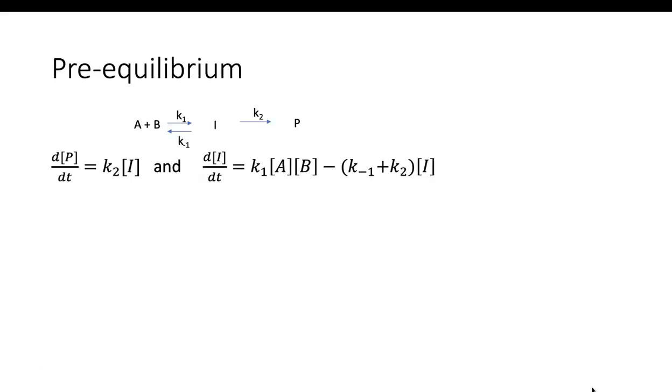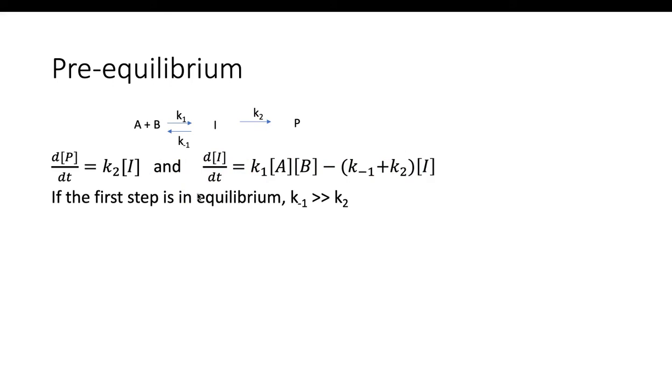Now, if we add reversibility to the first step and then add another reactant, so we've got A plus B, we've got a pre-equilibrium, or what we set up in the first part of this video, where we have reversibility in the first step and then K2 for the second step. So now our rate of appearance of product is still K2I. Our rate of appearance of I is now this expression.